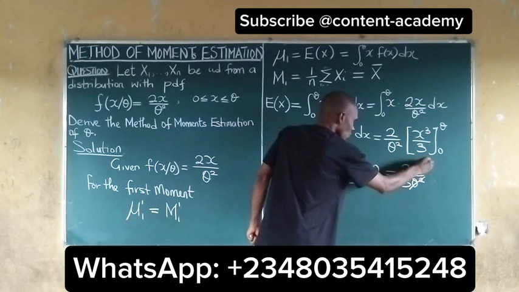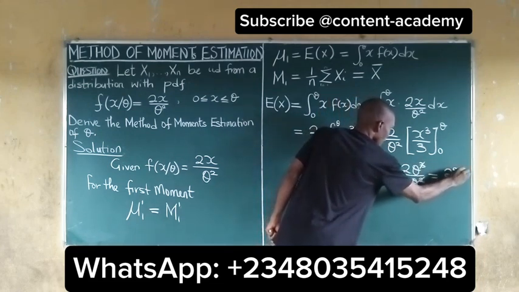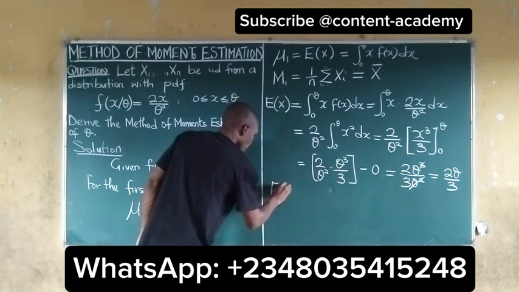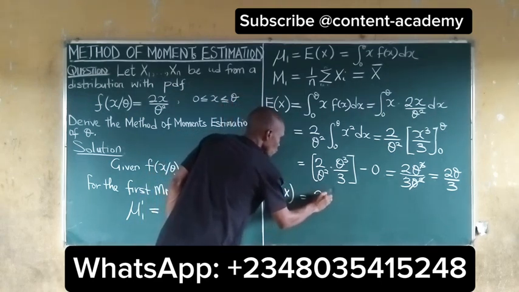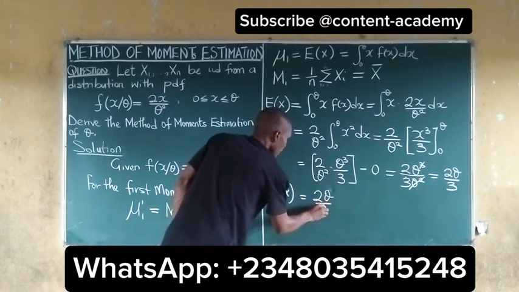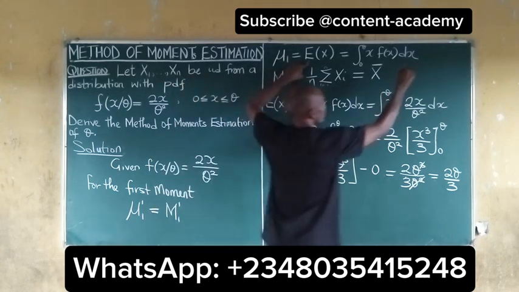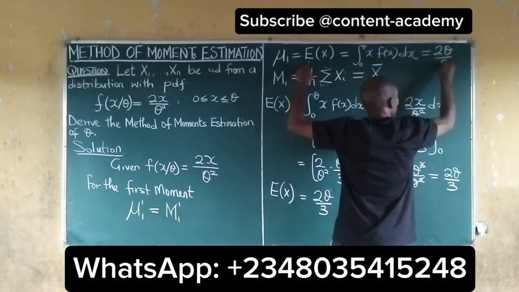The theta squared cancels part of theta cubed, so we have 2 theta all over 3. It then means that our expected value of x is equal to 2 theta all over 3.